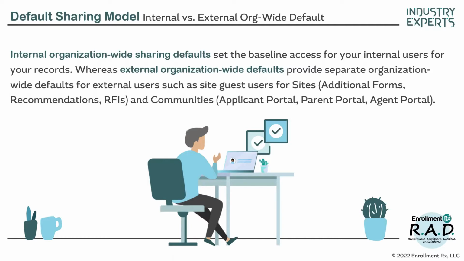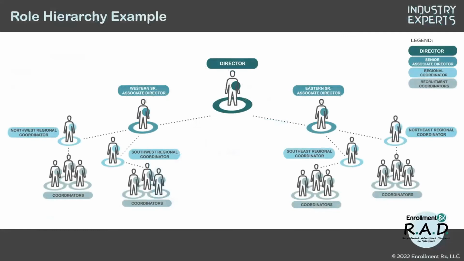Circling back to the role hierarchy example we viewed earlier, in order for a role hierarchy to be effective, we need to properly configure our baseline level of access for a contact object. We will set our contact access levels to private in the sharing model for the purposes of this example here. So with contacts now being set to private, we can look at how that would impact members of the role hierarchy.